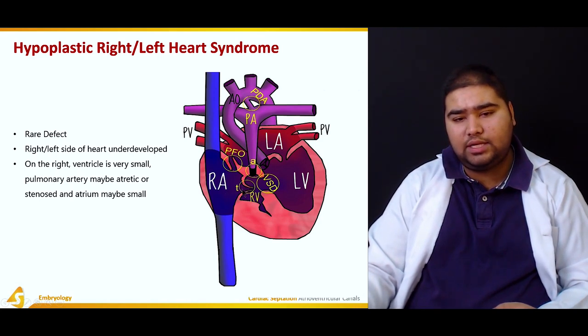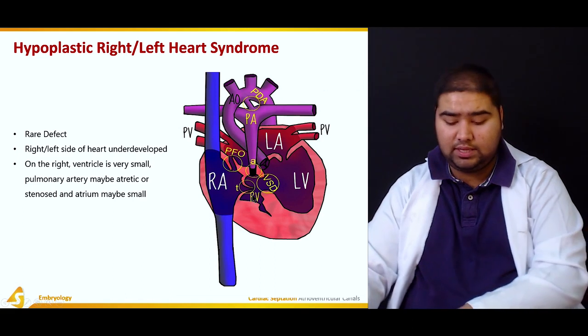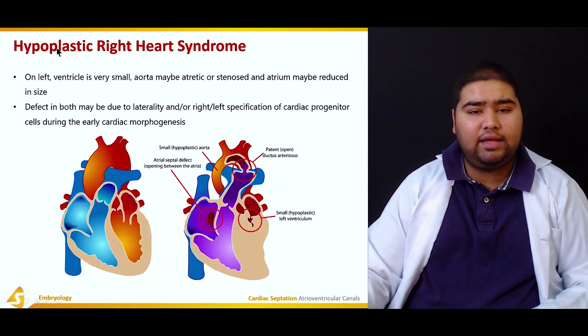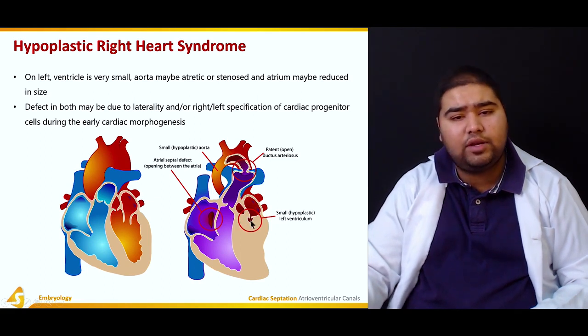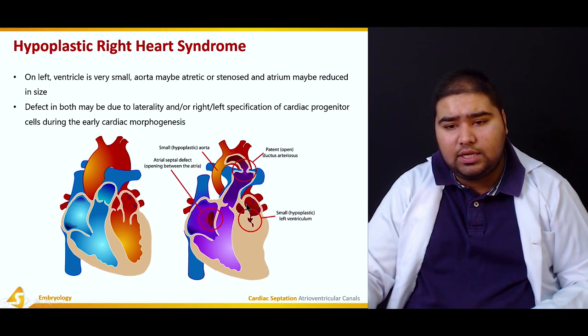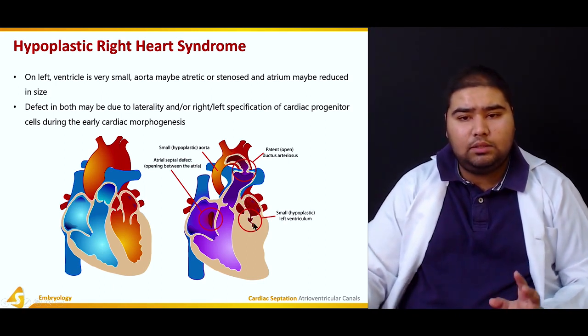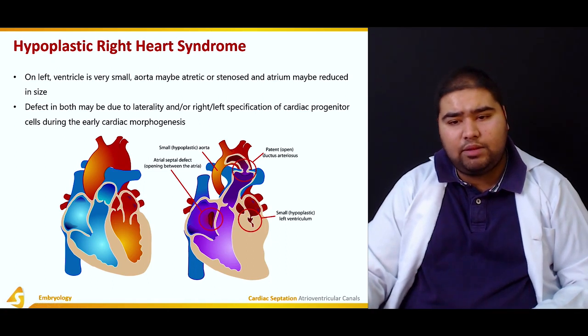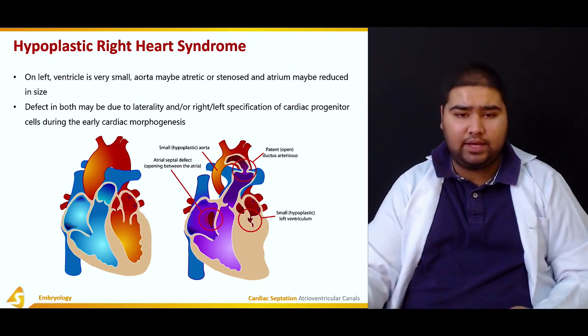So this is the right atrium, and it may or may not be small. It is actually small in this case. On the left, the ventricle is very small. Here you can see a very small ventricle. The aorta may be atretic. This is the atretic aorta. Or stenosed, and the atrium may be reduced, and the atrial size has also been reduced. It can be clearly seen in the figure.